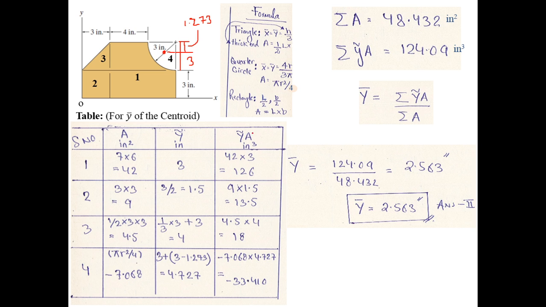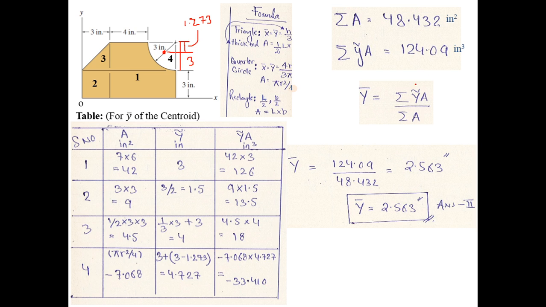And then again you take the product y tilde a. So this column multiplied by this column. So 42 into 3, 126, and 9 into 1.5, 13.5, 4.5 into 4, 18, and minus 7.068 into 4.727 gives you minus 33.410.